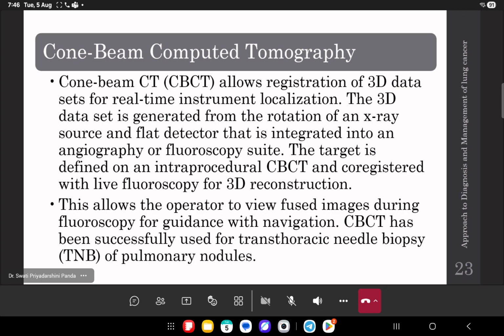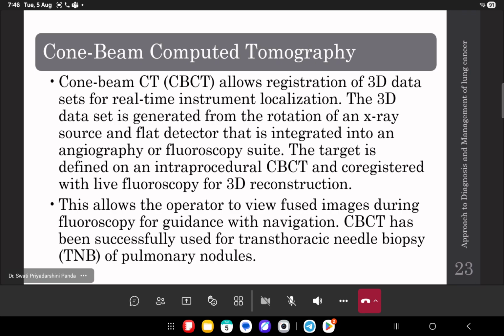Cone beam computed tomography. Cone beam CT allows registration of 3D datasets for real-time instrument localization. The 3D dataset is generated from a rotation of an X-ray source and flat detector that is integrated into an angiography or fluoroscopic suite. The target is defined on an intra-procedural CBCT and co-registered with live fluoroscopy for 3D reconstruction.